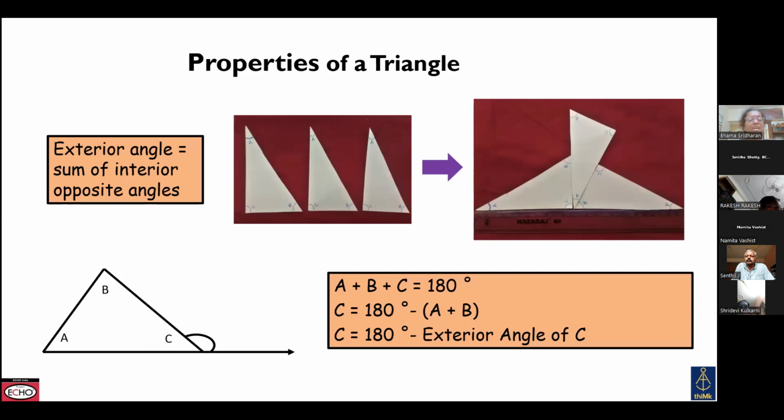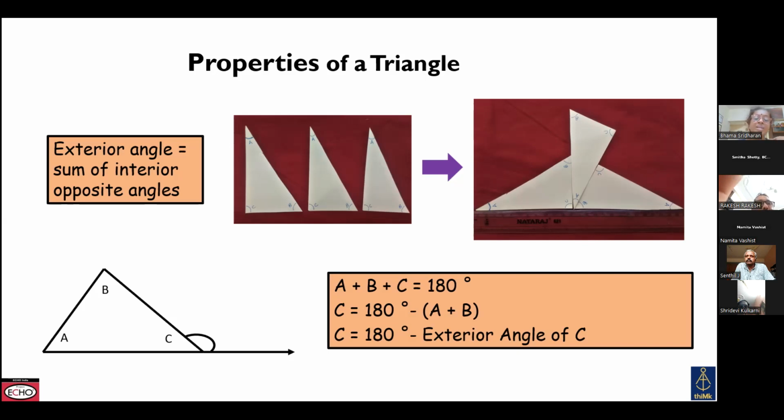So another very common property is that the exterior angle is nothing but the sum of the interior opposite angles. If you take any triangle, ask the child to draw any triangle, and we can keep it and make three copies of it. And we can rearrange this as shown at the top right in such a way that the three angles A, B, and C meet at a point, right?